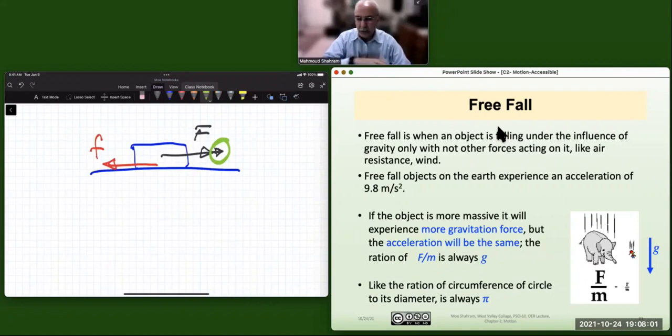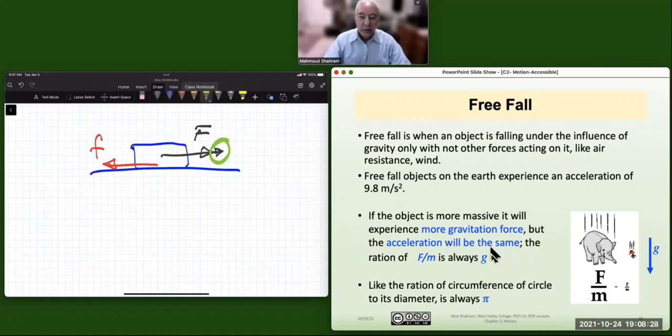We say that there's no atmosphere, and then you drop something, it's going to be pulled down by the earth. So it's going to accelerate, because now you have a constant acceleration. And that constant acceleration we already talked about is g, 9.8 meters per second squared. Okay?